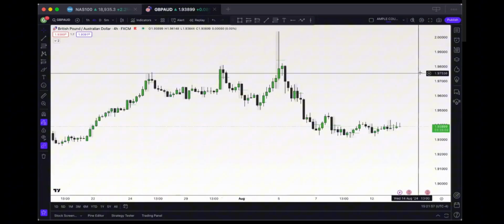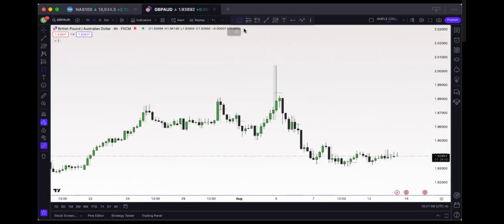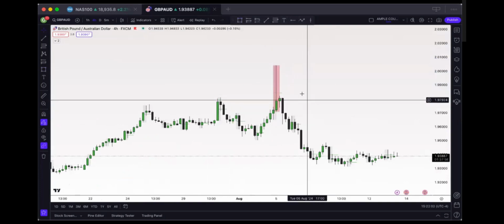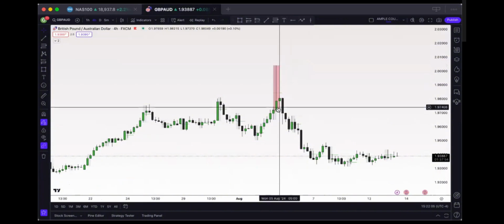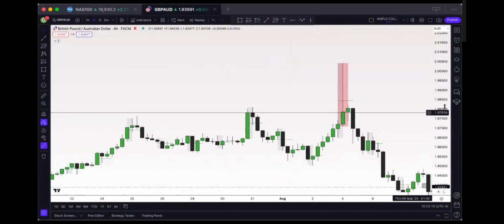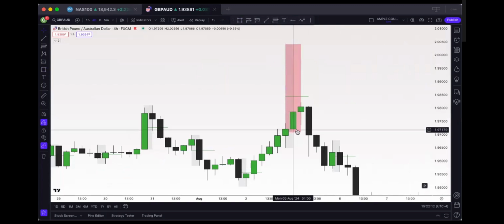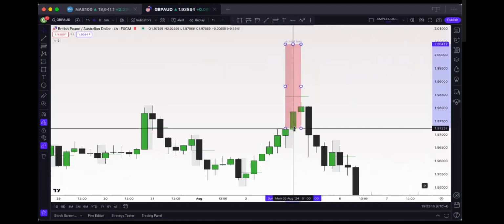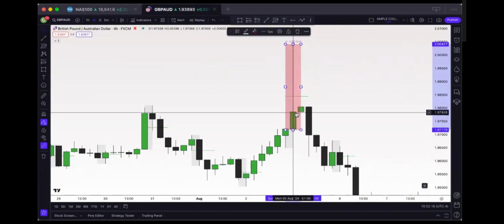So for example, let's try this candlestick right here. Let's highlight this candle. This is our inverse hammer candle that we talked about, right? This candle opened here. Actually, I'll zoom in a little bit. This candle opened here, pushed down a little bit, got a small little wick under there, right? Then closed here.